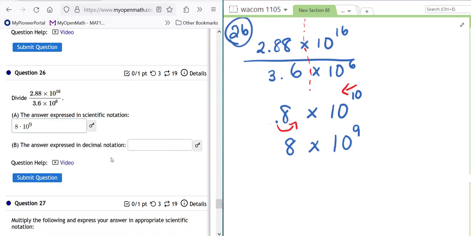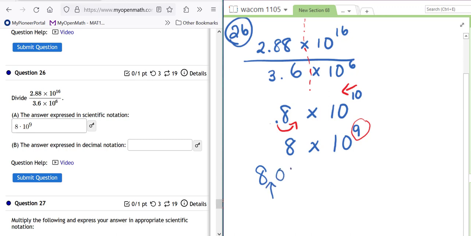All right, and then they want me to express it in decimal notation. Just to convert from here to decimal notation, you have to apply the multiplication. This exponent is going to move your decimal to the right 9 places. So right now we are here. We're going to need 9 zeros.